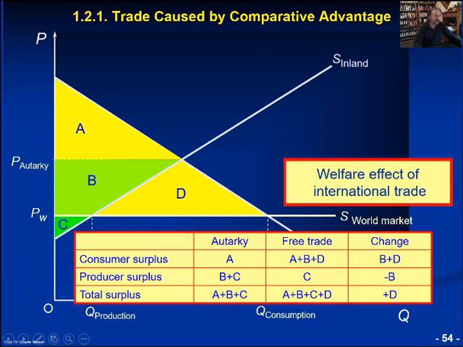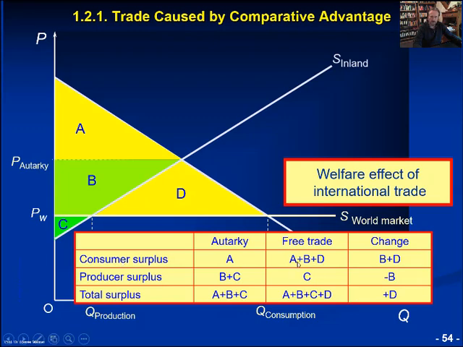Under free international trade, consumers gain the area B and D because of the lower world market price and the higher consumption quantity. This is displayed by the third column of the table here.